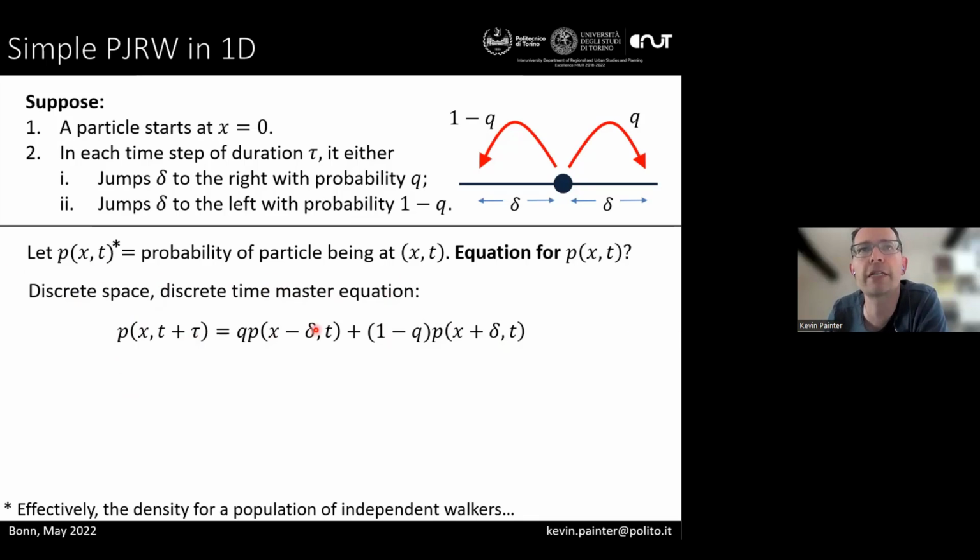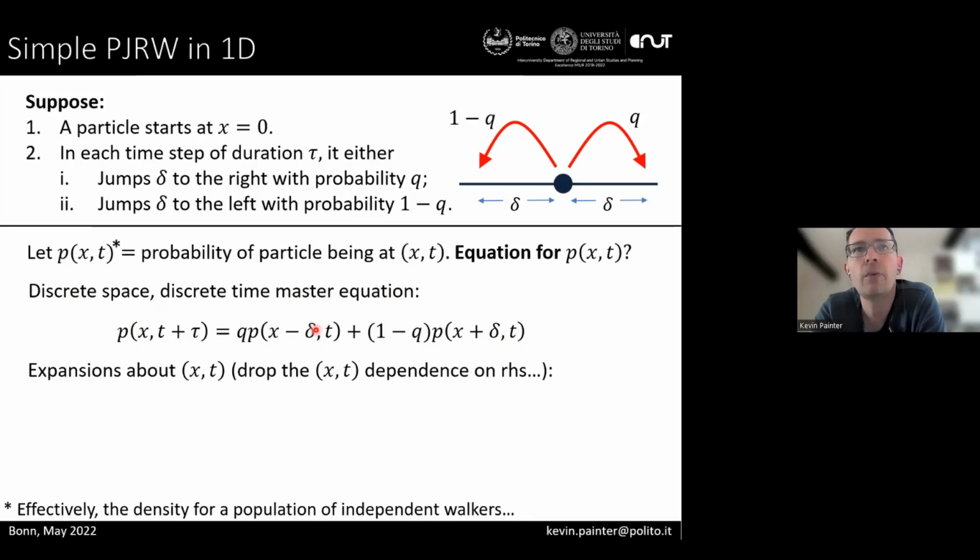So how can we move this up into an equation for P of x at t? Well, we can do expansions about x, t. This is P of x at t plus tau, so we can expand it as a Taylor expansion about x, t. We can expand these as Taylor expansions about x, t.